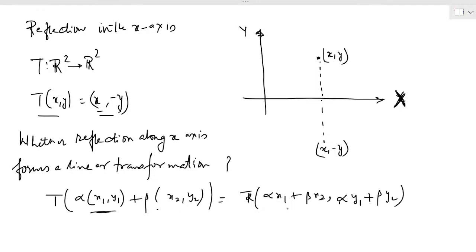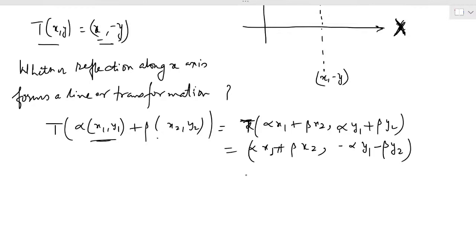This is how I can write this. If I am applying this, I'm going to get the x coordinate as it is, and then the y coordinate will be multiplied with the negative sign. Is that clear? Or what I can do, if I want to write this up, I can write alpha times x1, minus y1, plus beta times x2, minus y2.